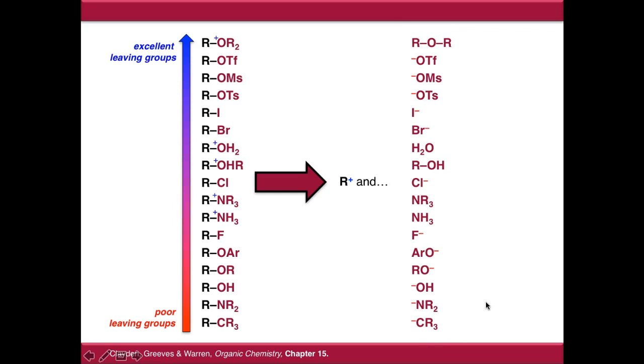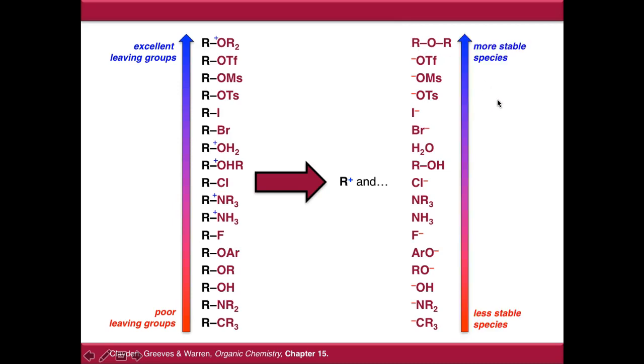And if we look at just how stable they are, here we have carbon minus, and then we move down through this scale and eventually we end up with ethers, triflates, mesylates, tosylates, iodides, bromides. All of these are very stable anions, they're very stable species, and ethers we know are basically inert. So they're all very stable species. So the better the leaving group ability, the more stable the species it will form when that group actually leaves.